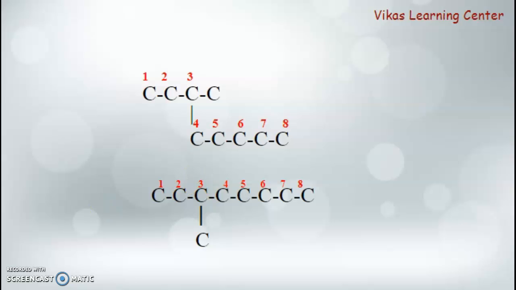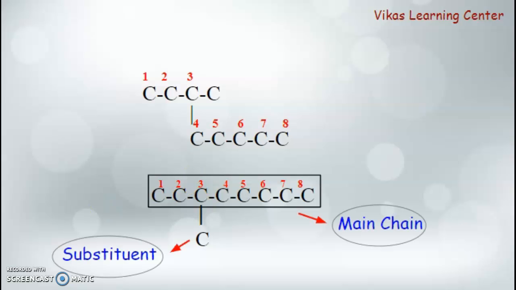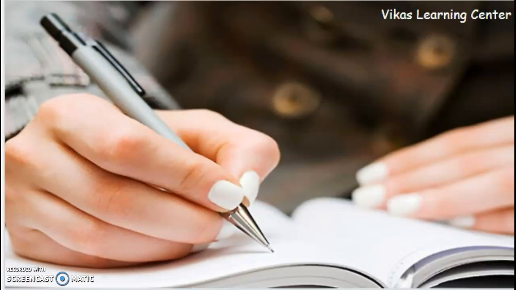This particular carbon atom that is attached to the third carbon atom of the longest chain is called the substituent, and the longest chain that has the 8 carbon atoms is called the main chain.